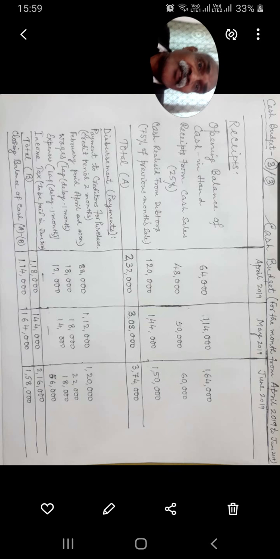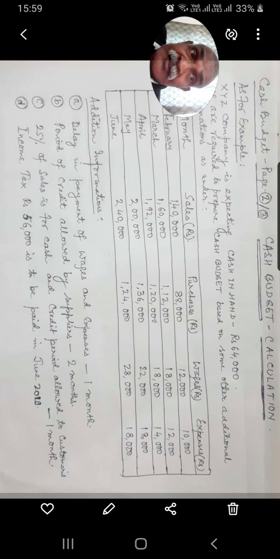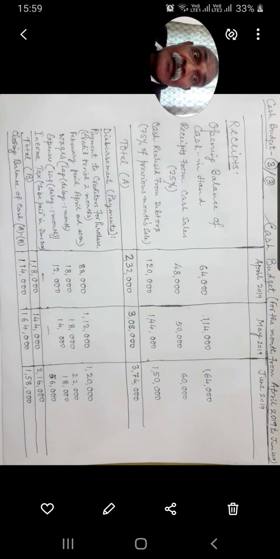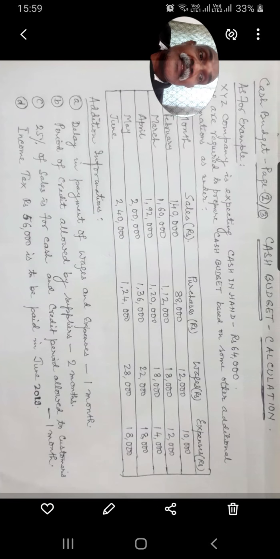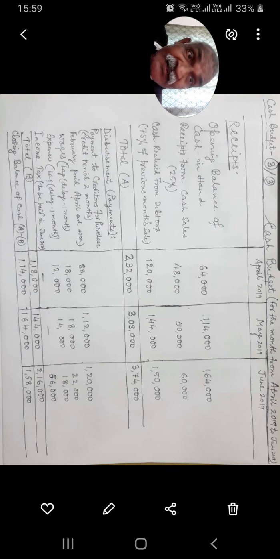How much cash in hand do you see in the question? Cash in hand is 64,000 rupees. That is, the organization is expecting 64,000 rupees cash in hand in the month of April. We are expecting 64,000 rupees.